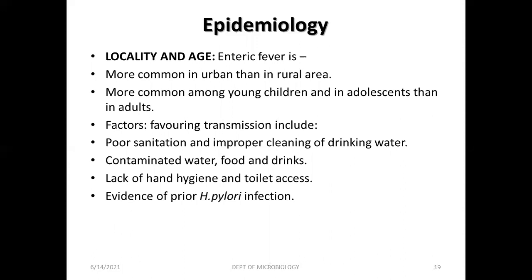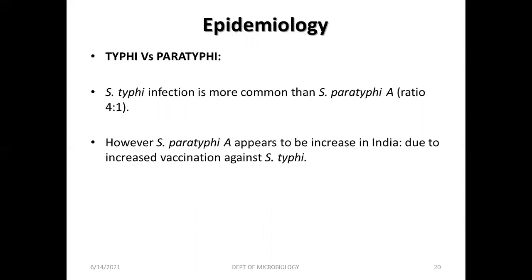Locality and age. Enteric fever is more common in urban areas than in rural areas, more common in young children than in adolescents, and in adolescents than in adults. Factors which favor transmission include poor sanitation, improper cleaning of drinking water, contaminated water, food and drinks, lack of hand hygiene, lack of toilet access, and evidence of prior Helicobacter pylori infection.